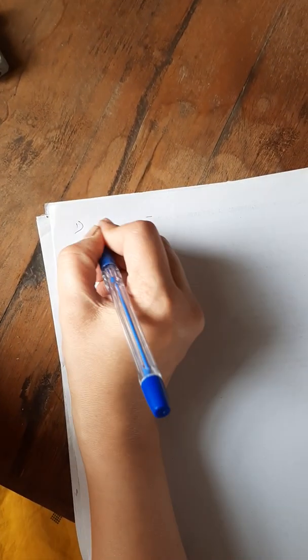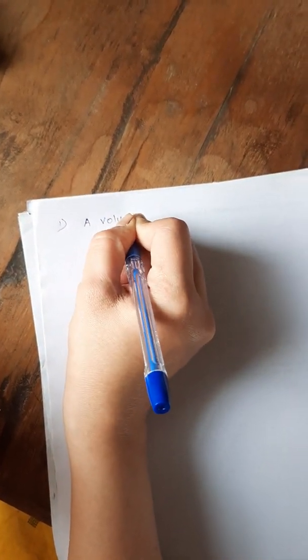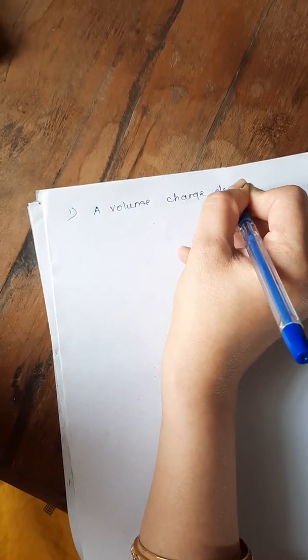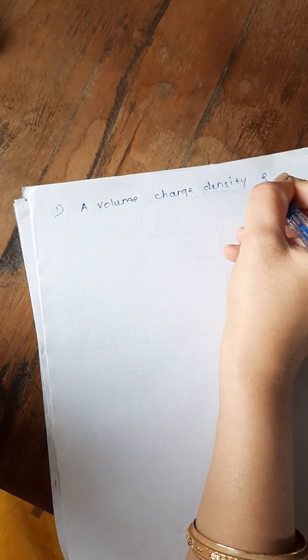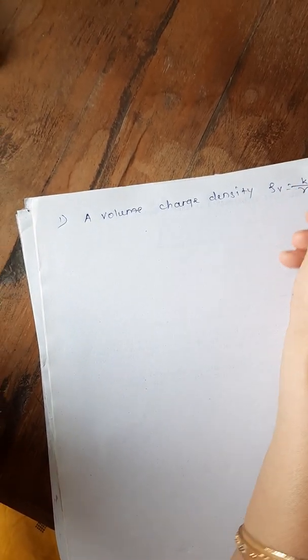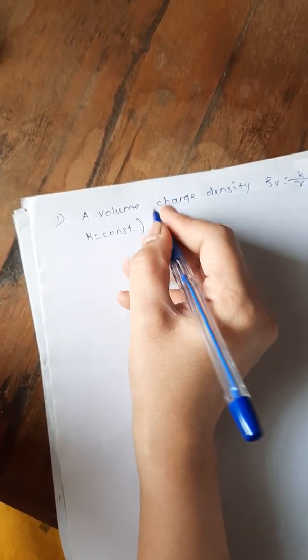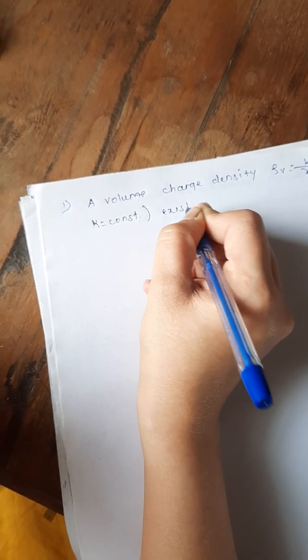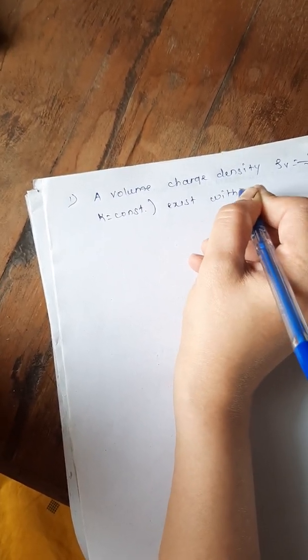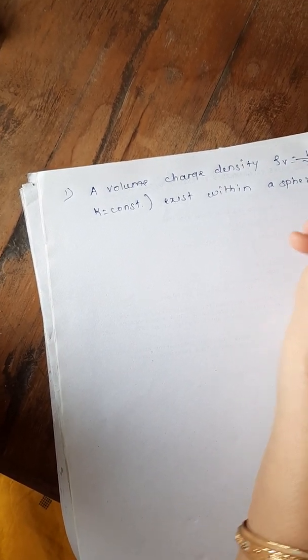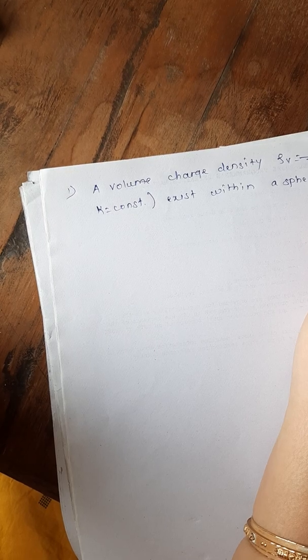Problems based on volume charge distribution. The first problem: the volume charge density rho v is equal to k by r, where r is not equal to 0 and k is a constant, which exists within a sphere of radius a.